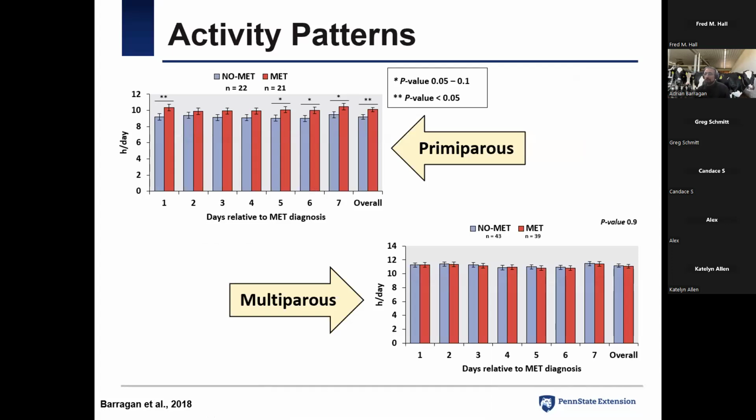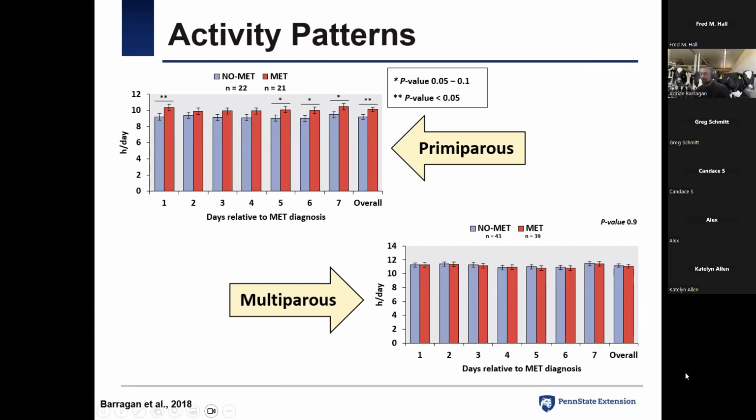Activity patterns were also affected, and here is laying time for cows with metritis or healthy cows for 1 week after diagnosis. Interestingly, we found an association by parity. Primiparous cows appeared to be more affected compared to multiparous cows.